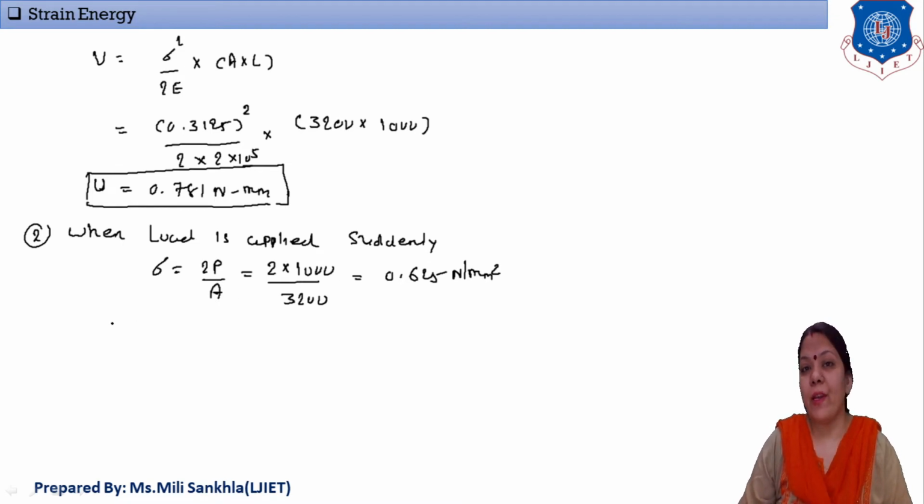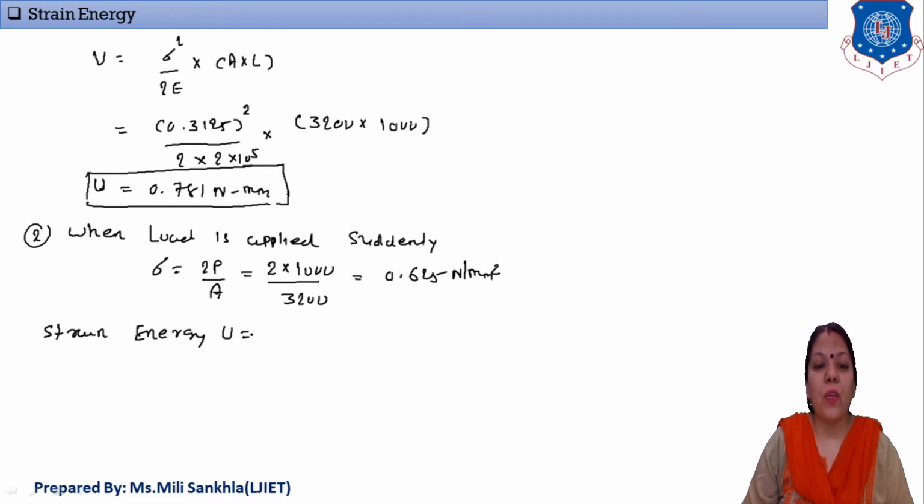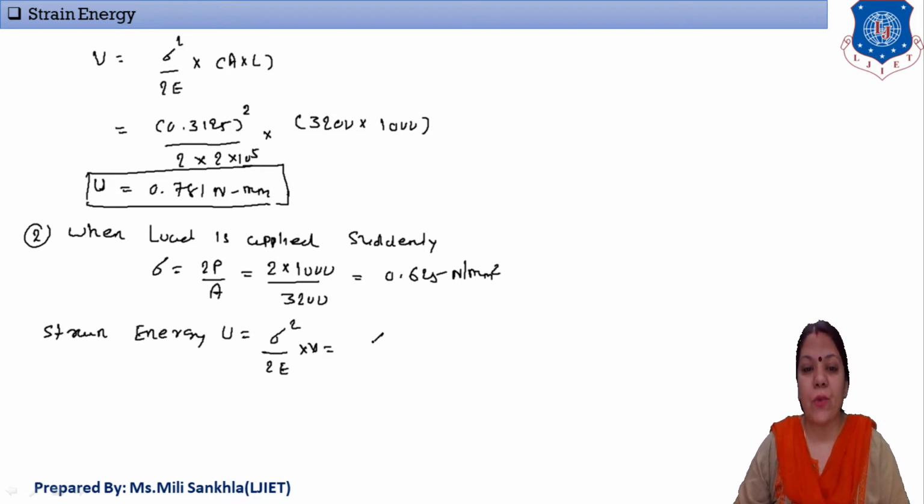Now second, we find out strain energy. Strain energy for this case, U is equal to sigma square divided by twice E into volume. Volume is equal to area into length. So sigma square divided by twice E into area into length.